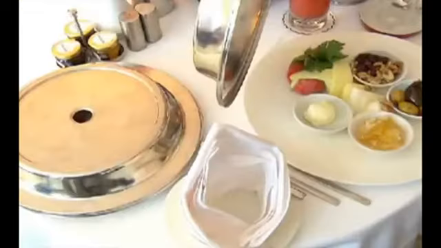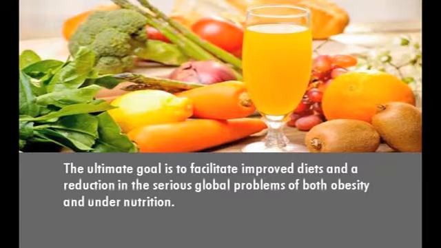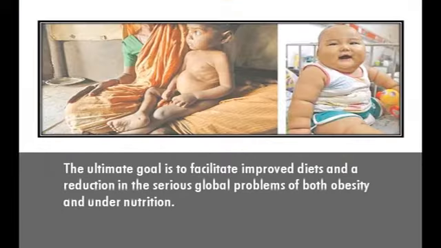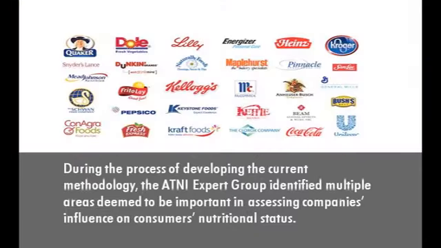Through these paths of influence, ATNI aims to encourage companies to increase consumer access to nutritious products and responsibly exercise their influence on consumer choice and behavior. The ultimate goal is to facilitate improved diets and a reduction in the serious global problems of both obesity and undernutrition.